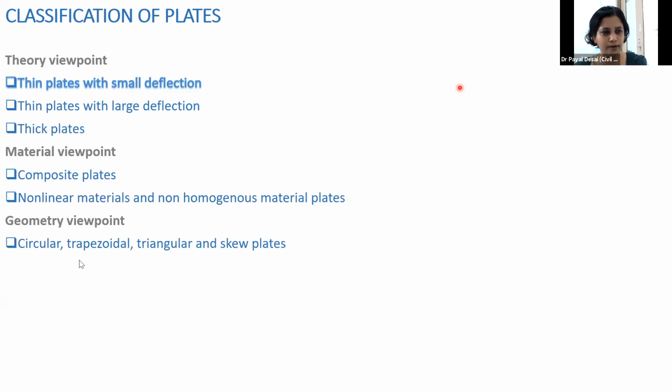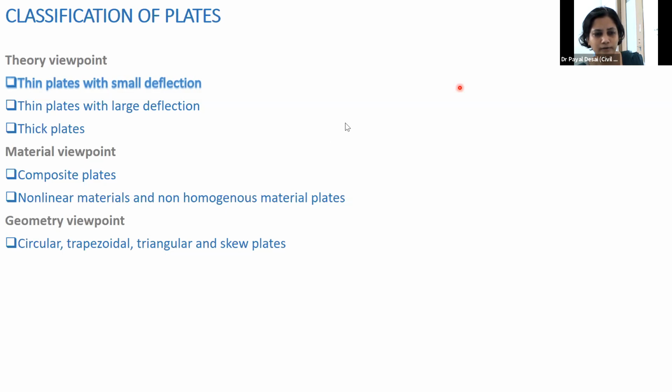Then from the material point of view, there are composite plates made of different materials. As we have seen in the photograph, composite sandwich plates are used in aircraft and shipbuilding and all. According to the type of material, non-linear or non-homogeneous, it may behave non-linearly or linearly, and we can categorize a plate that way.